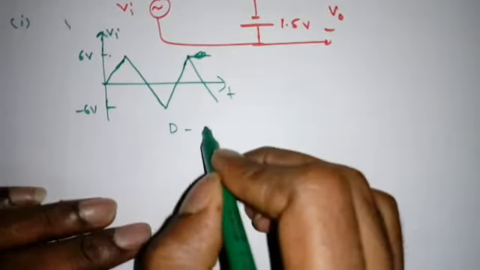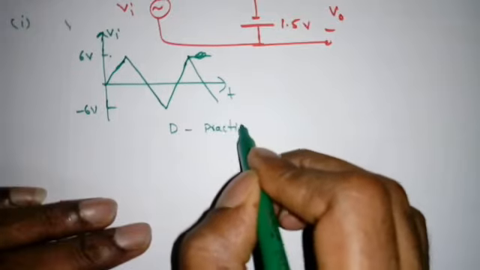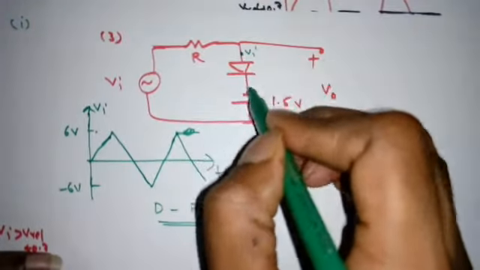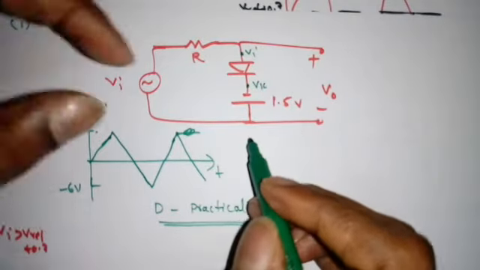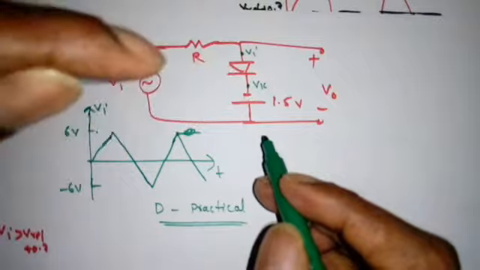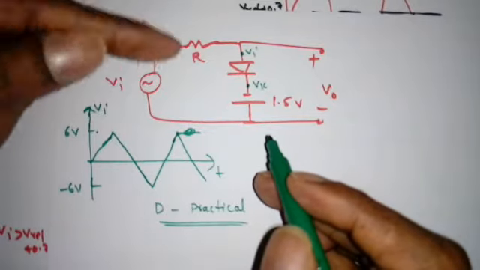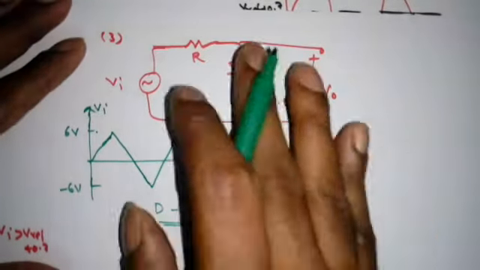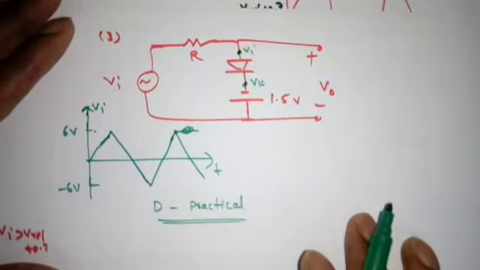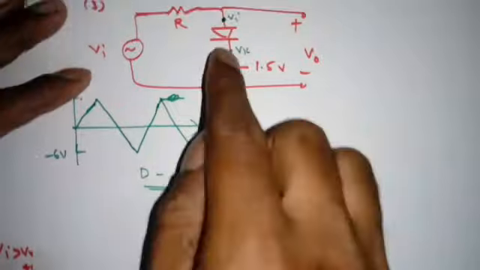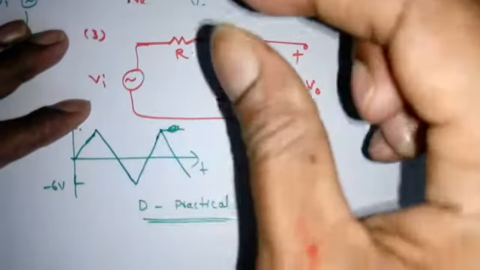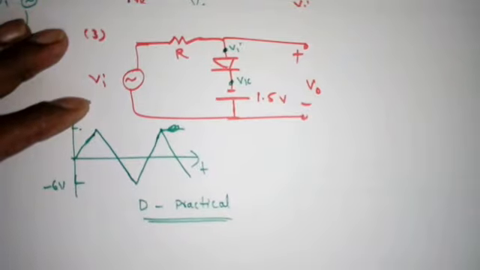So when the diode D is practical, so that means what? See, this is Va, this is Vk. Remember, when we open the diode, then only this is Va, this is Vk. So when it is not open, it is not Vi, okay? So for analysis purpose, we are opening the diode and we are finding the Va and Vk. So you may be confused. So how this can be Vi, even though there is a resistor R? When it is open, then only it is Vi, right?